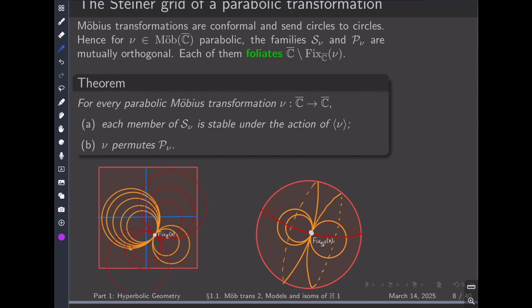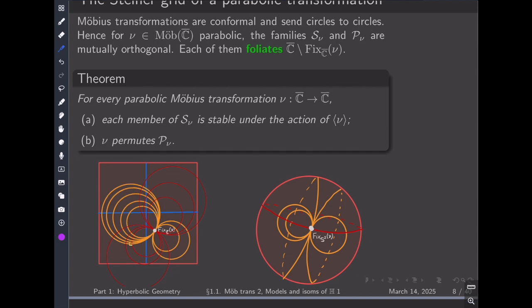Whereas the other family gets permuted, right? So for example, in the first situation where I took the point and depicted its image with a counterclockwise behavior, for the other family, this one gets mapped to another one like this, right?